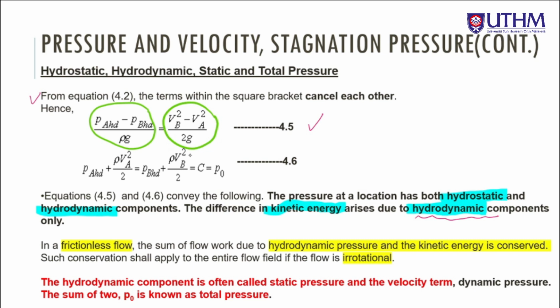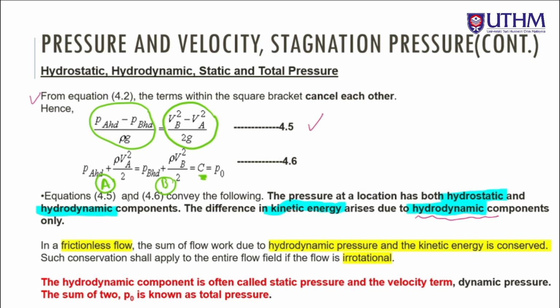Okay, so untuk equation 4.6 ni dia tak buat apa, dia just rearrange sahaja, and dia bawa everything ke kiri, which is on the right hand side. Kita boleh consider dia ada constant. So at point A and point B here, pressure plus velocity term at point A and point B equals to this constant.